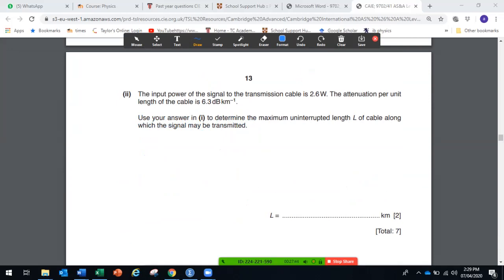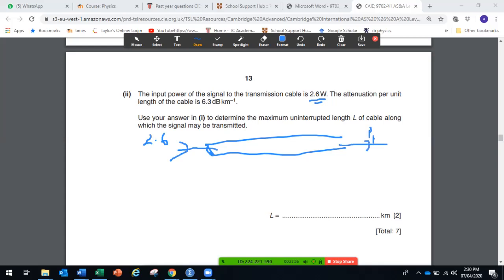The input power of the signal transmission is 2.6, which means the input to this cable is 2.6. But the minimum output we know already, right? That's the part one answer. That's why we consider it as output.